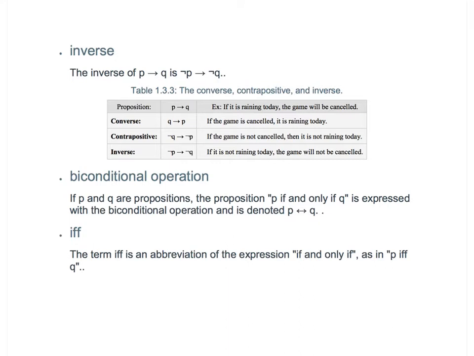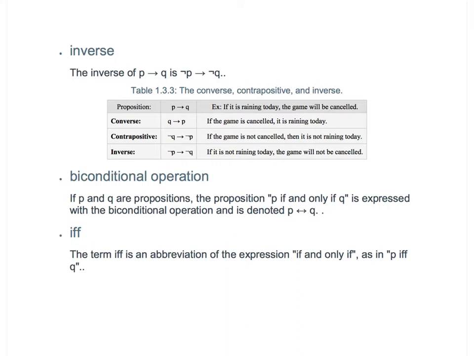The contrapositive of that statement becomes if the game is not canceled, then it is not rainy today. This is the contrapositive of the original proposition. How about the inverse? The inverse of the proposition is if it is not rainy today, then the game will not be canceled. So we simply negate both the hypothesis and the conclusion.